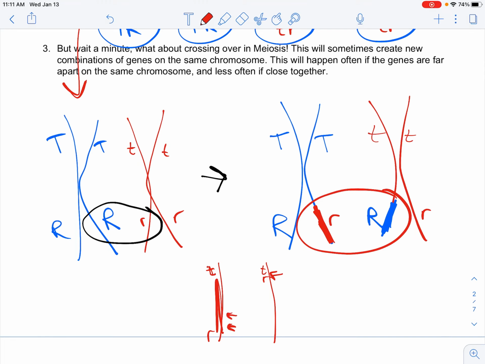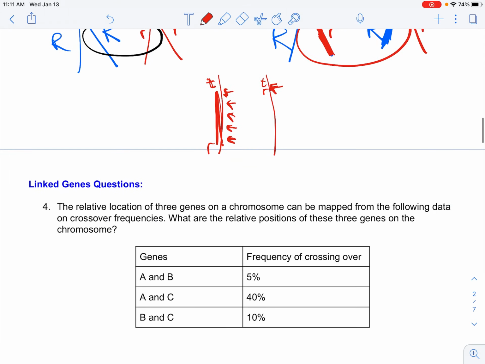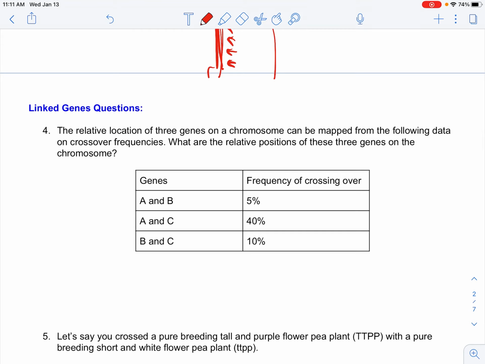There's more spots for breaking the chromosome if they're farther apart. So you get crossing over more frequently if the distance on the chromosome is greater. It's more frequent, and it's less frequent if the genes are close to each other. So this question is about that concept.